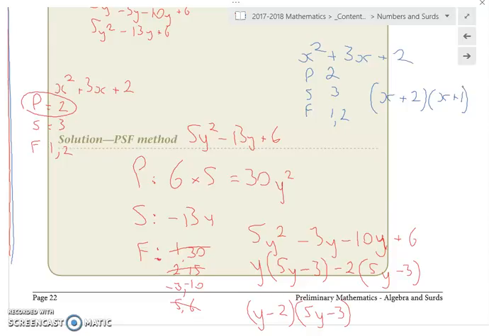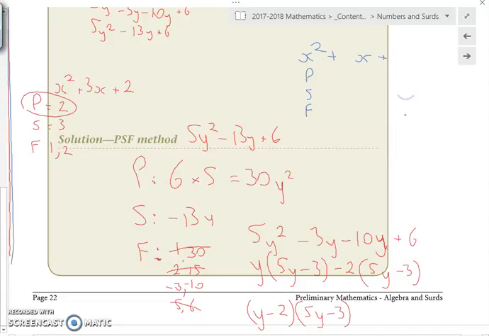If I change these numbers, get rid of that, get rid of that, and go with a blue pen would be good. 24 and make that 13. What's my product? 24. Cool. What's my sum? 13. Cool.